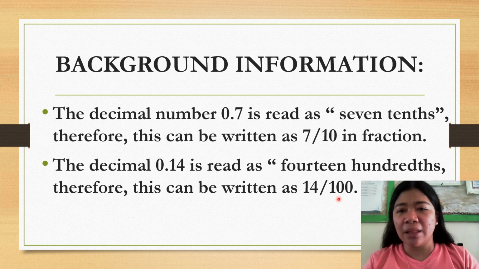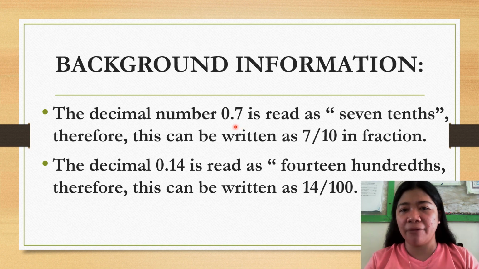Now, why is it that here the denominator is 10 and here the denominator is 100? If we look at that, a shortcut is that we have one decimal digit here, which is 7. What is counted is the number of digits after the decimal point. That is why there is only one 0 in the denominator.